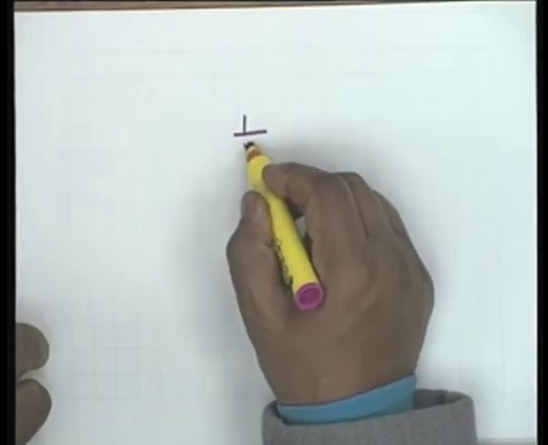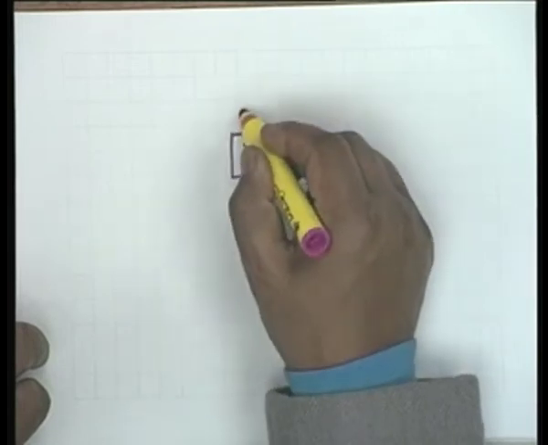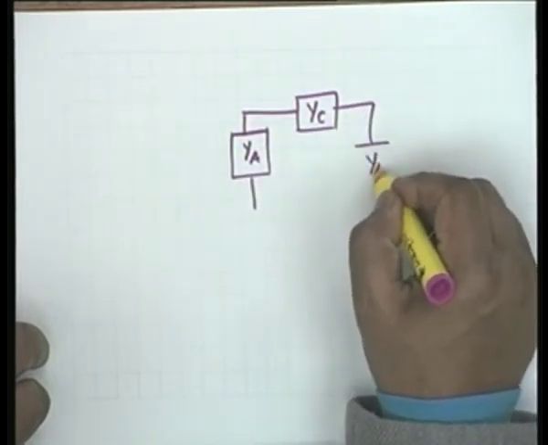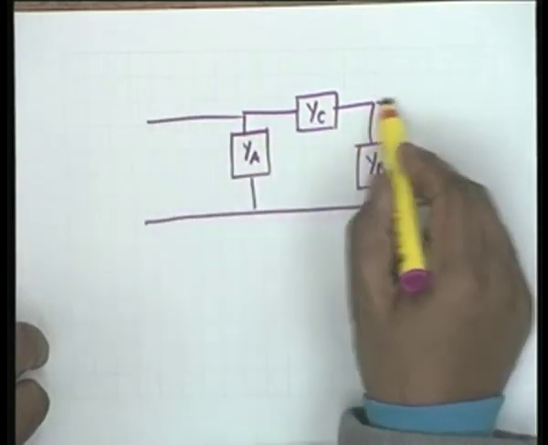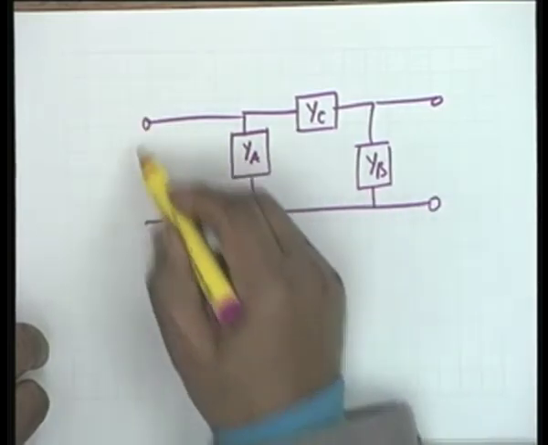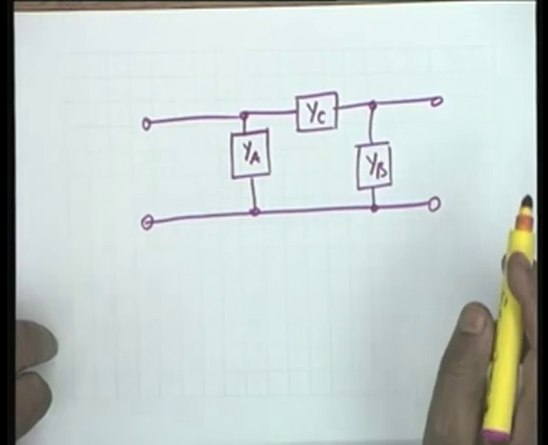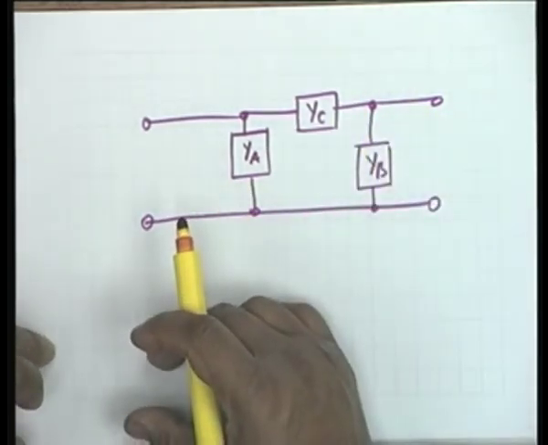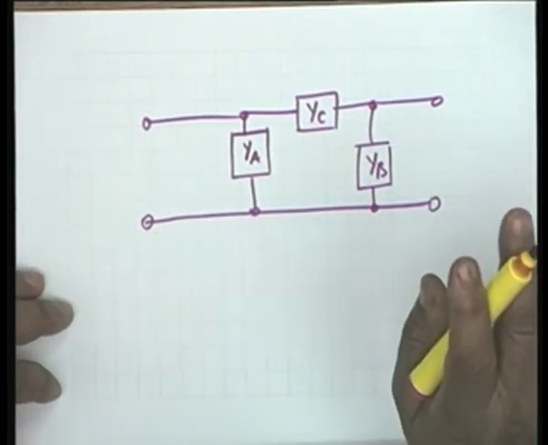Let's say we have three admittances: YA, YC and YB. This is my network and I am required to find out the Z parameters. You notice that we do require calculation. If we keep this open, here it is possible to write down by inspection.